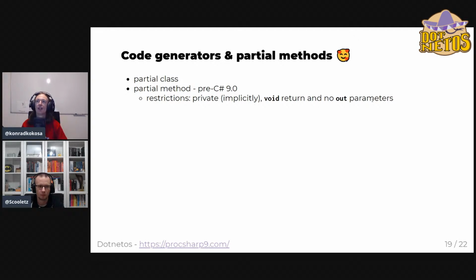And there were those partial methods before C# 9, which I agree is super rare. I don't remember writing a partial method myself. I don't know, Szymon, if you were using partial methods, but I saw a project where, again, it was related to code generation and providing a kind of framework for structuring the code of other teams.